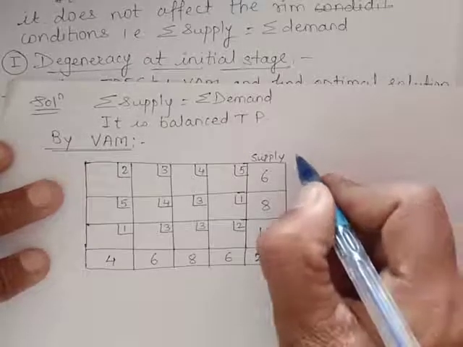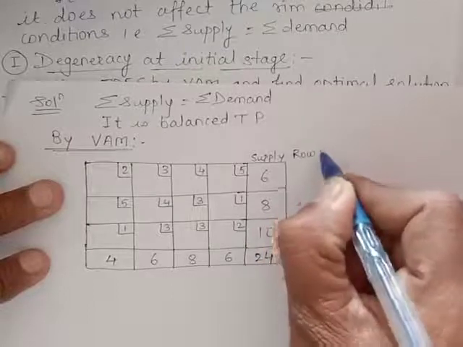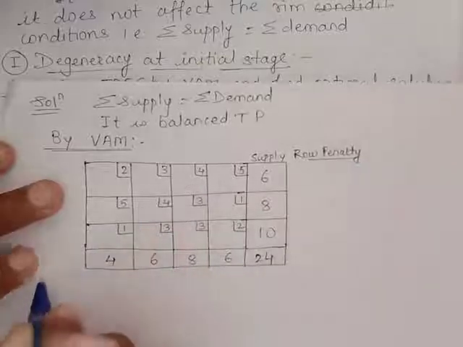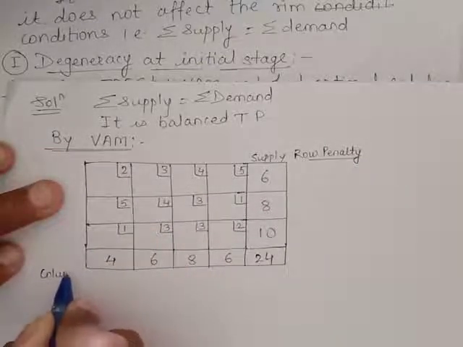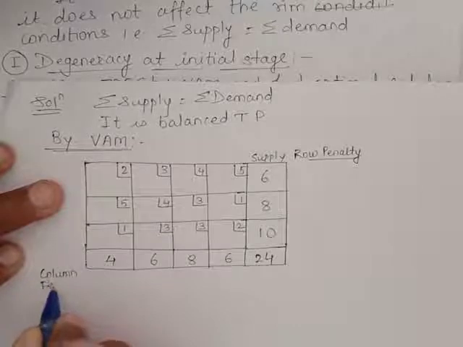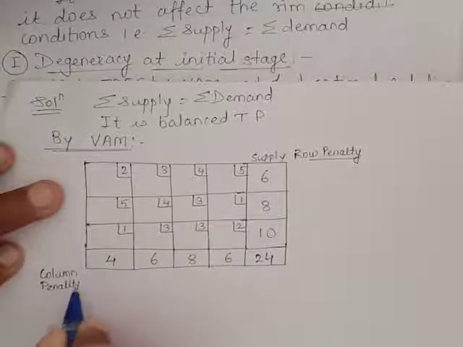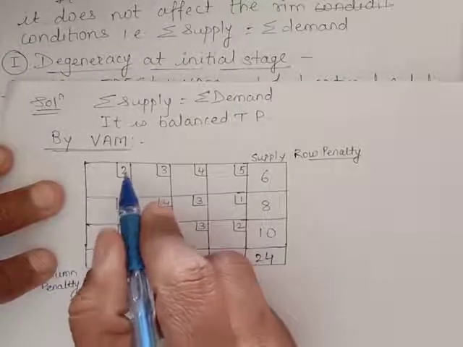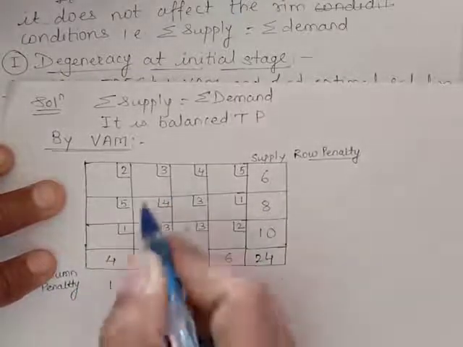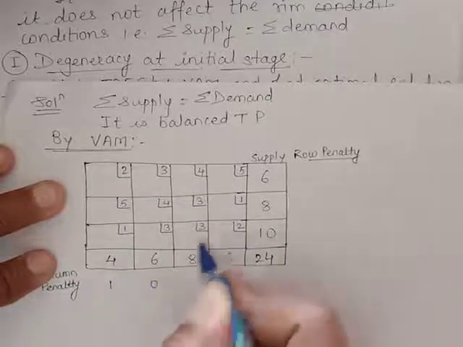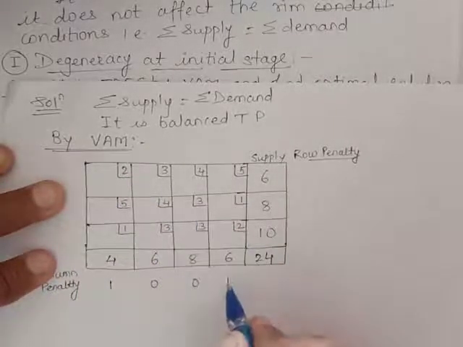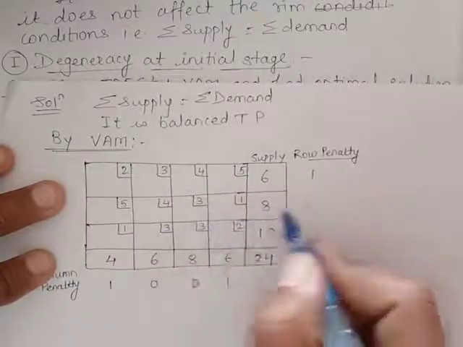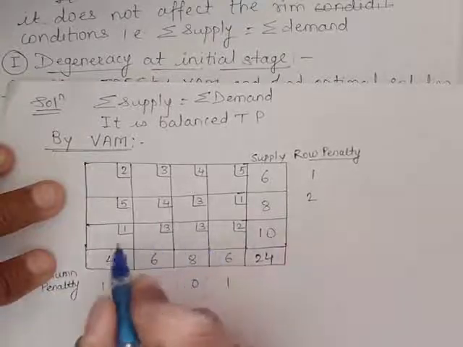Now for VAM we need to determine penalties, so row penalty and column penalty. Here it is 1, here it is 0, here again 0, here again 1. What about this? Here 1, here it will be 2, here it is 1.